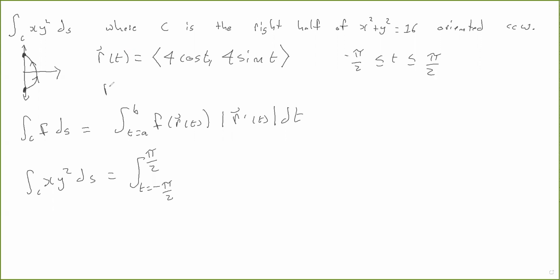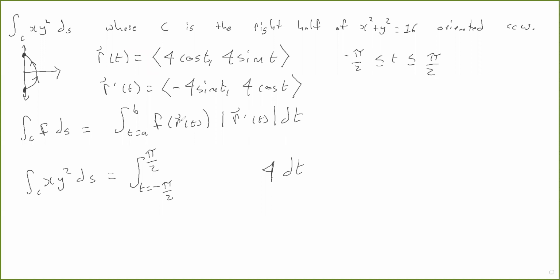So r prime of t is equal to minus 4 sine t, 4 cosine t. The magnitude of this vector is 4. So this is 4 dt. That's this part, the magnitude of r prime times dt.